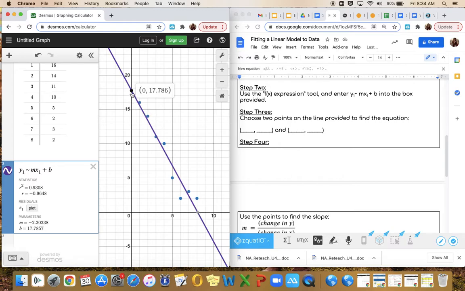You can actually choose any point on this line. I'm trying to get us to some whole numbers, but if we can't, that's okay too. Okay, so let's just select a point on the line.